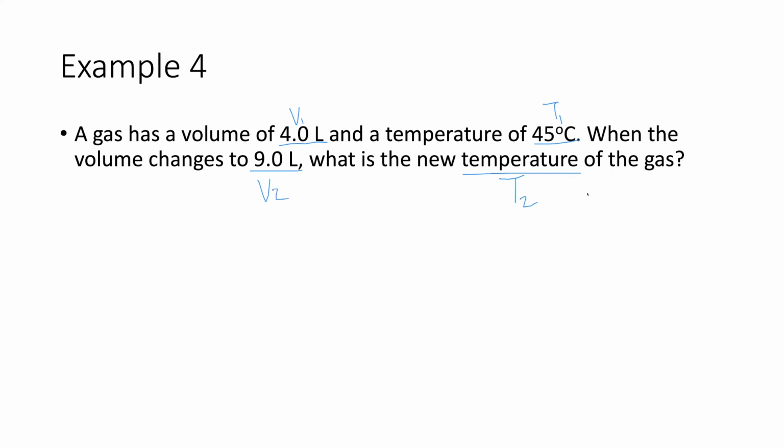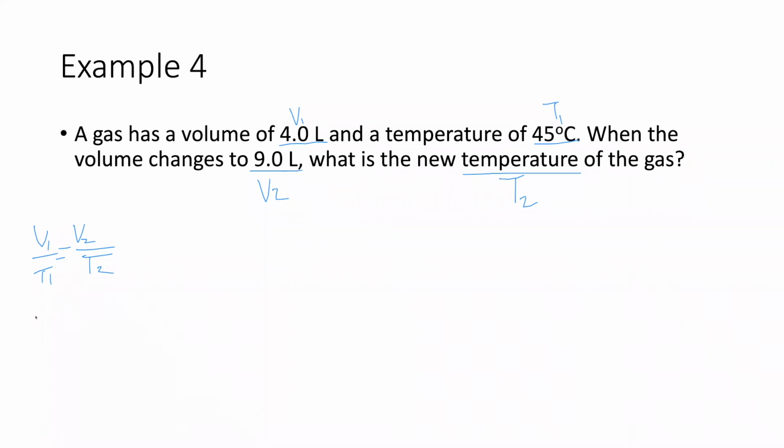So we have our variables. Our formula is once again V1 over T1 equals V2 over T2.